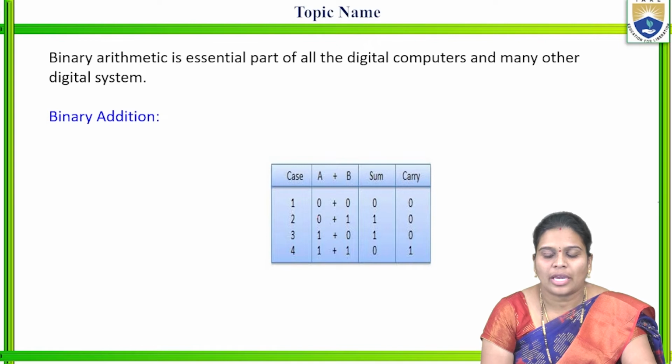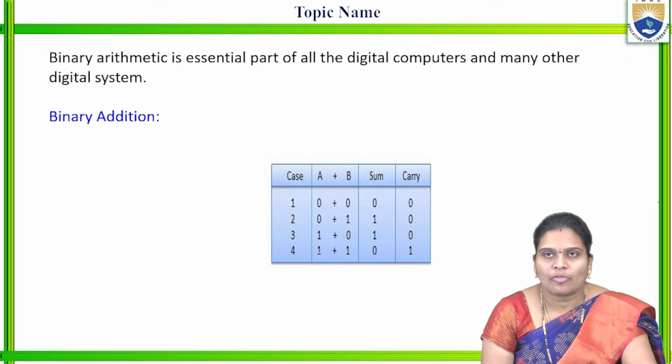Next, A equal to 0 and B equal to 1: 0 plus 1, the sum is 1 and the carry is 0. Next case, A equal to 1, B equal to 0: 1 plus 0, the sum is 1 and the carry is 0.